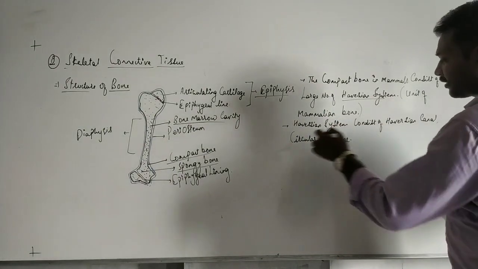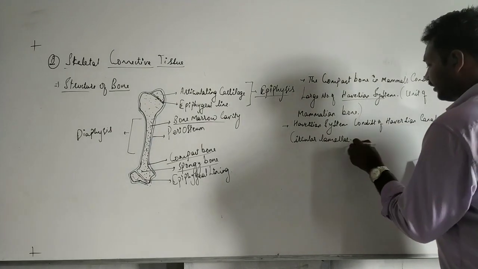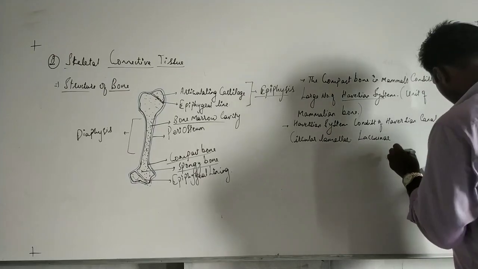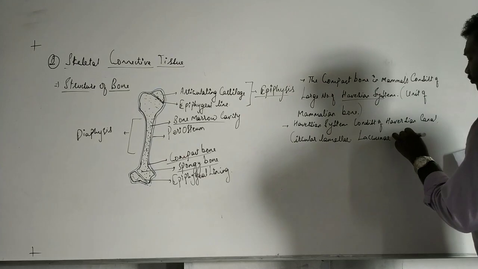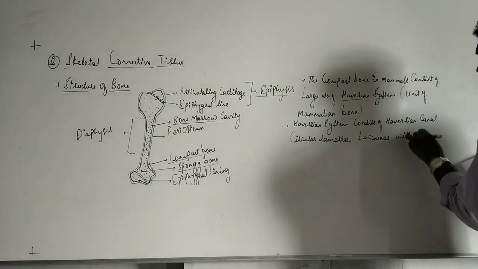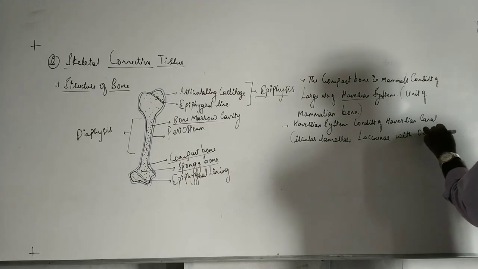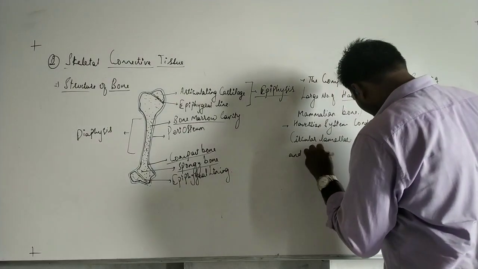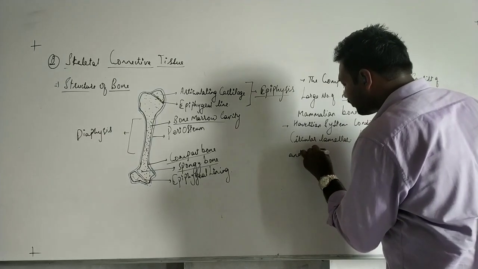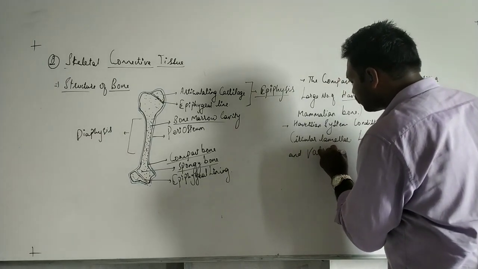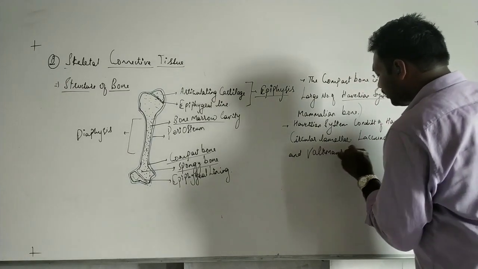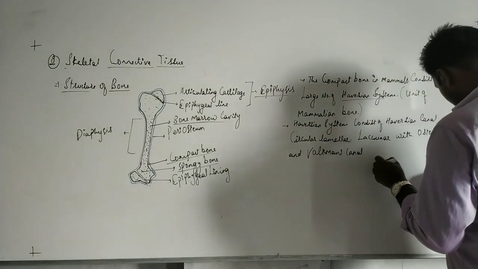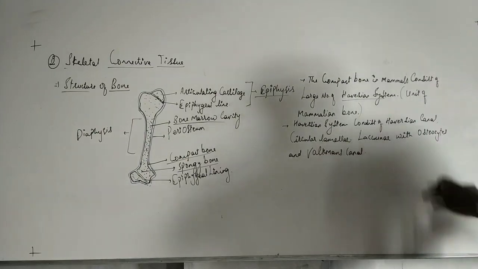Under cross section we discussed the circular lamellae, then lacunae with osteocytes, and Volkmann's canal. So this is about the structure of bone.